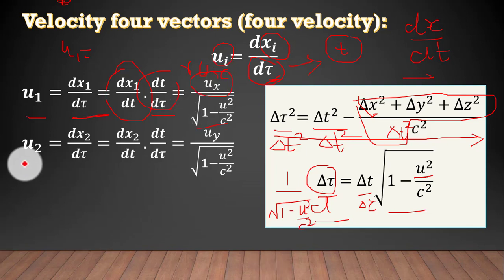In a similar manner, u2 will be defined as dx2 over d tau, and it will come out to be uy. As you know, x2 basically denotes the y coordinate, so I am writing it as uy. You cannot write it as u2 here because u2 is the component of the velocity, and if you write u2 here, this equation is not going to be justified. So remember, it is the ux component in the 3-dimensional space that we have already defined.